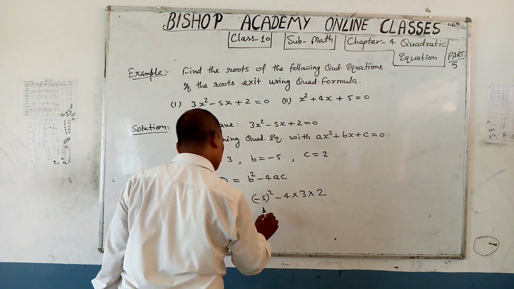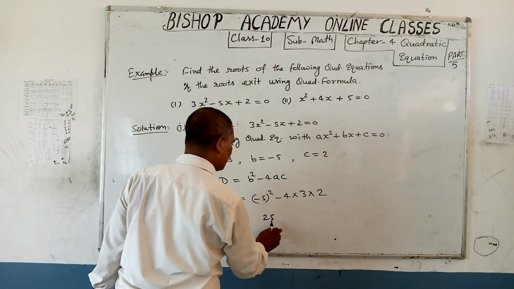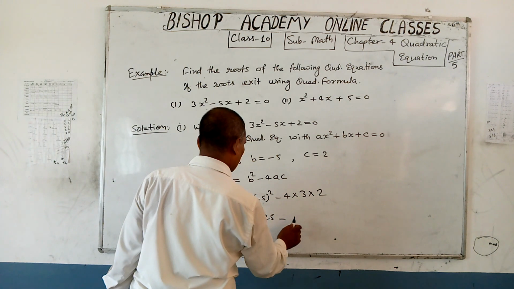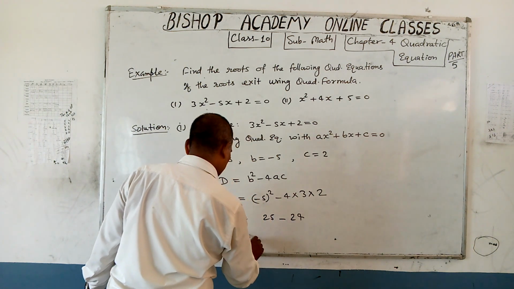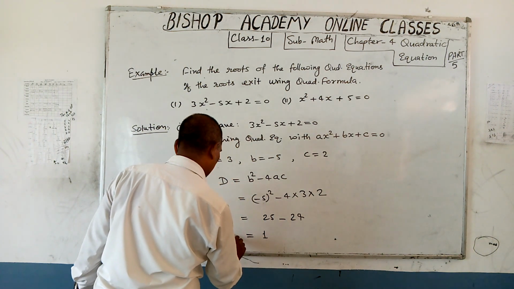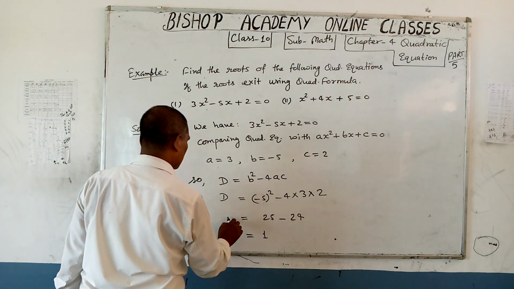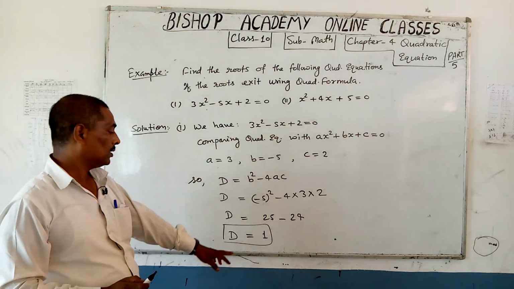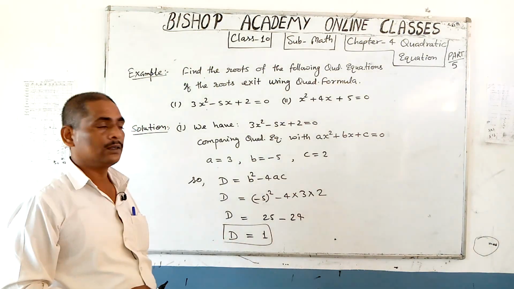Squaring minus 5, you find 25 minus 4 threes are 12, 12 twos are 24. The discriminant is equal to 1. You got discriminant D is equal to 1.